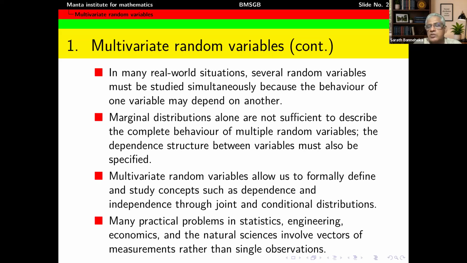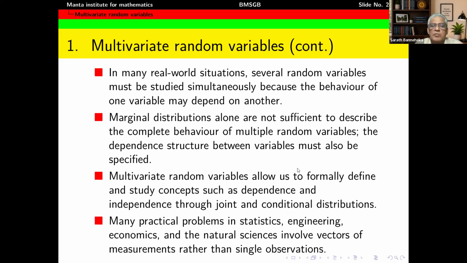We have to study their relationships, behaviors, and so on simultaneously. So in that kind of situations, studying the variables one by one is not sufficient. Right? Marginal distributions alone are not sufficient to describe the complete behavior of multiple random variables. Especially in that case, we will not be able to capture the dependence or dependencies between variables.